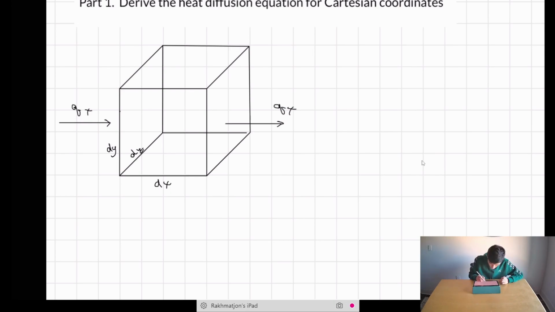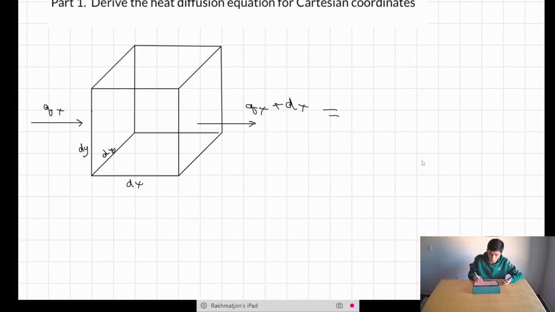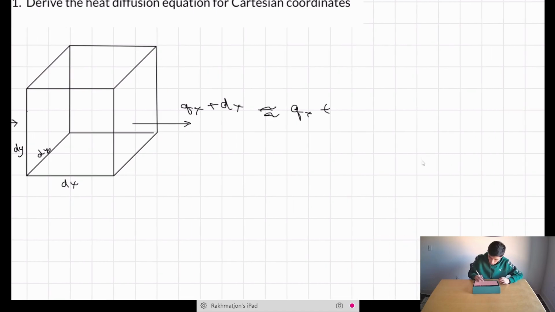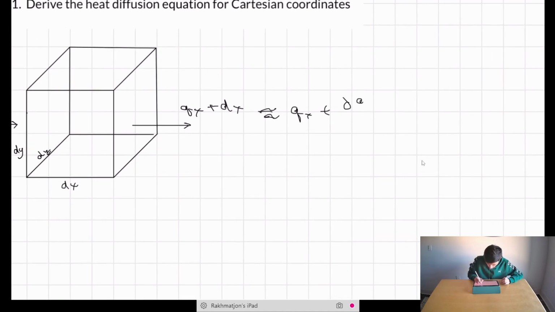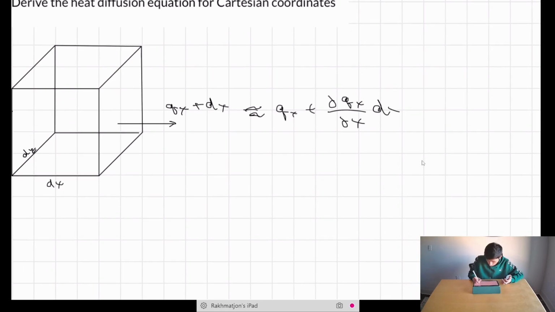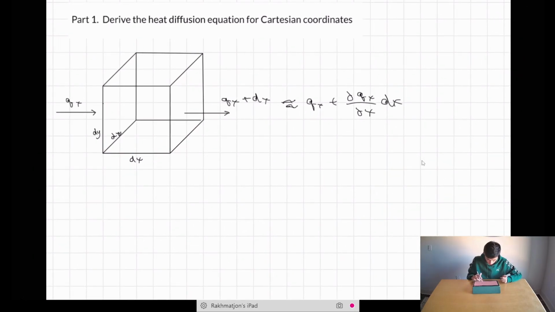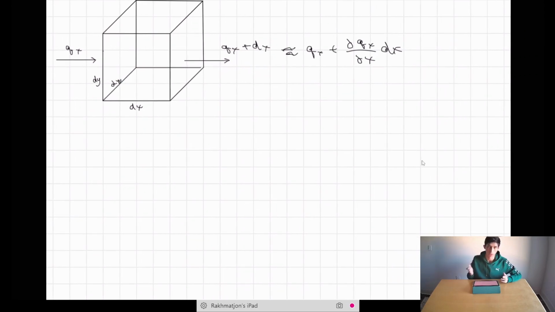The heat going out is going to be qx plus dx, which is almost equal to qx plus the small change in flux over the small change in x multiplied by dx, which can be said as the rate of change of a flow rate over a particular dx. Okay, and so there's going to be the heat going in and heat coming out of the cube, right?